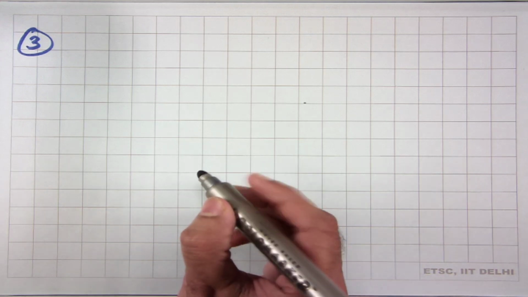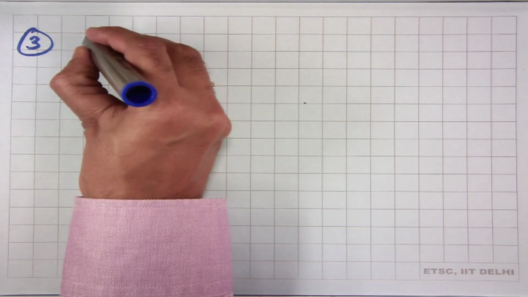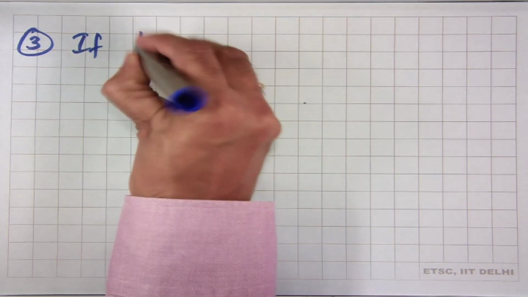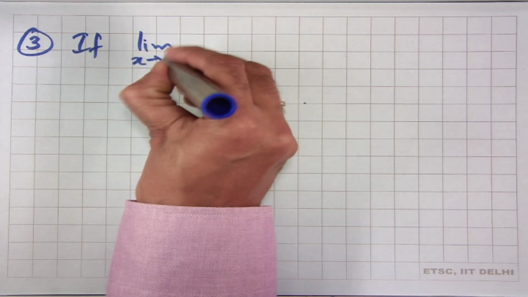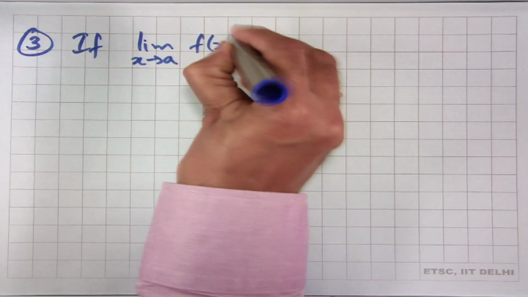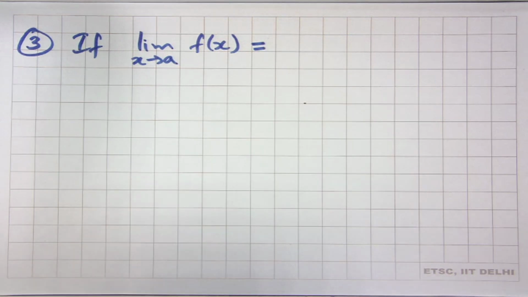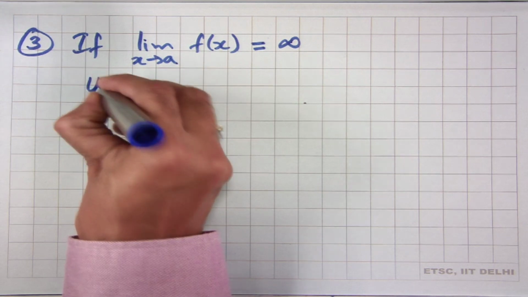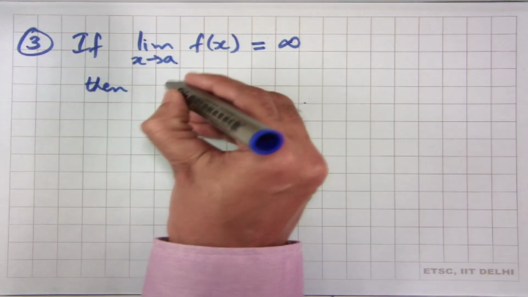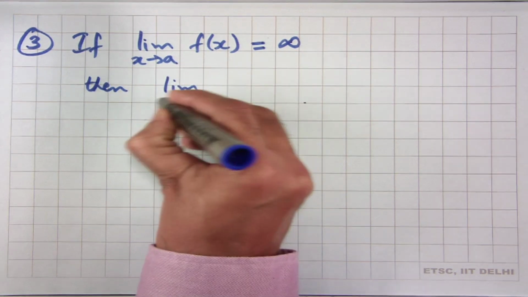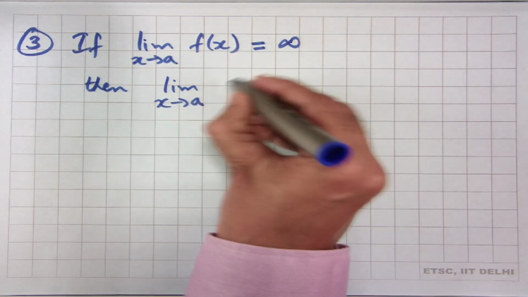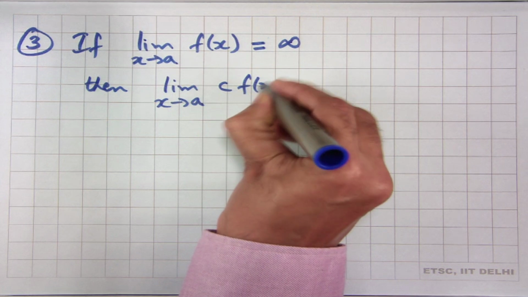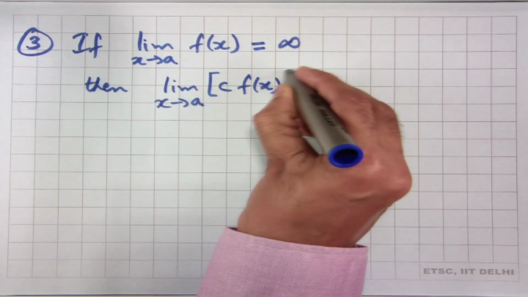Similarly, you can ask: suppose the limit as x goes to a of f x is equal to infinity, then what can I say about the limit as x goes to a of a constant c times f of x?